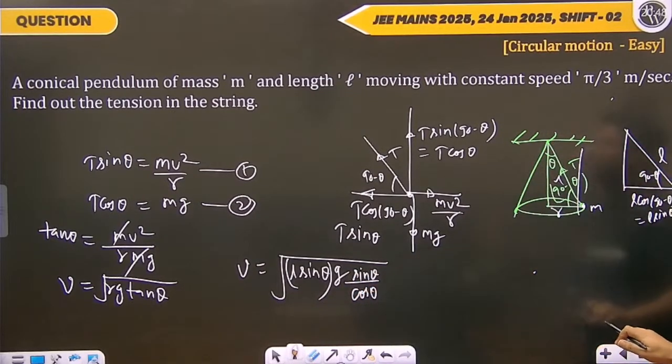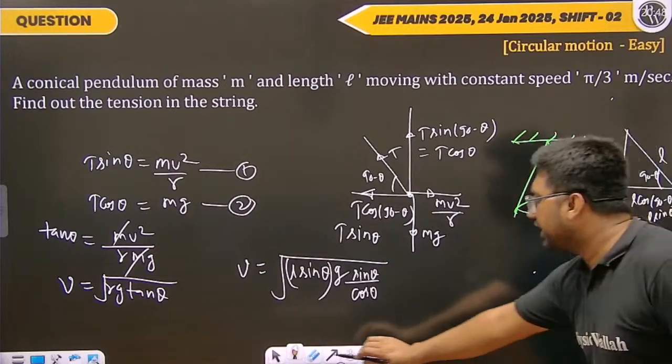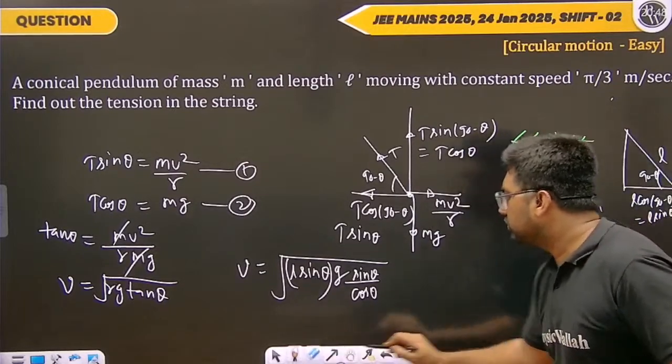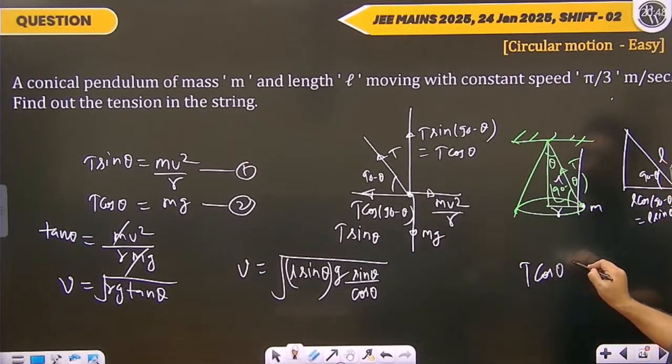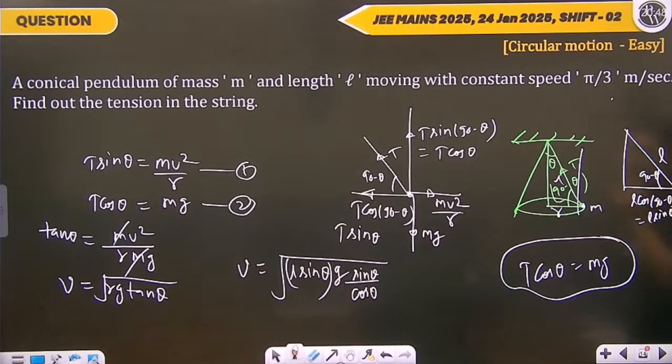Once we get theta, we can write T sin theta and T cos theta equal to mg, and then from here we can get T.